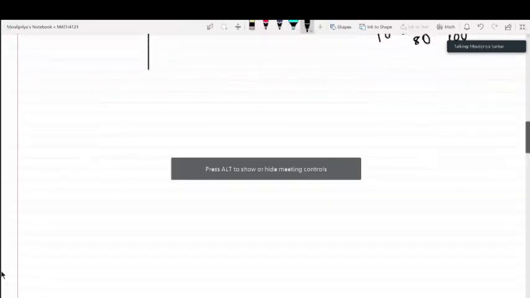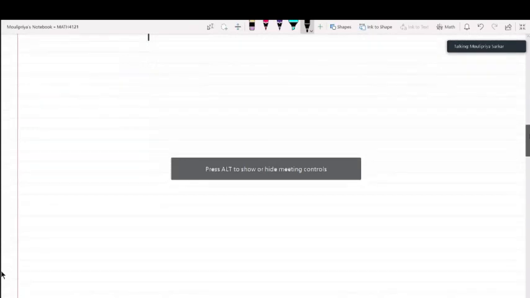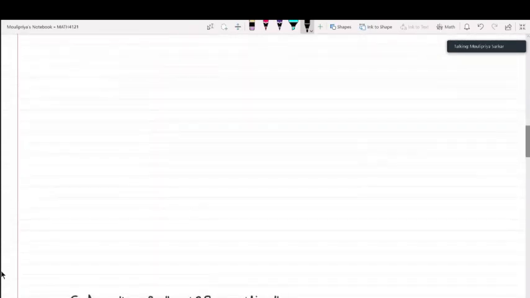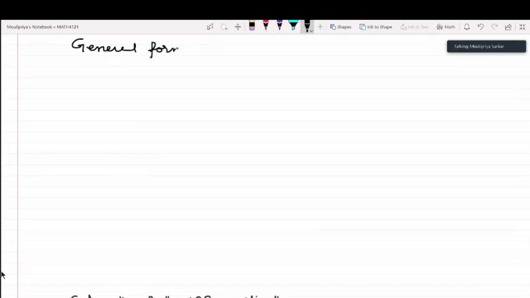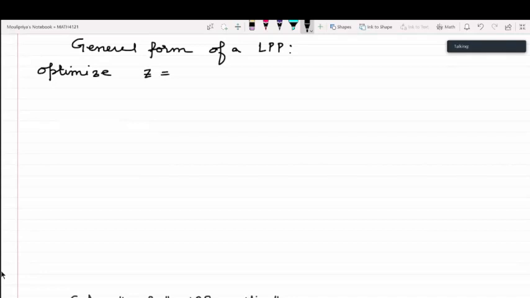Acha. So the first problem that we did, we had a unique solution. The second problem that we did is having infinitely many solutions. Now, if I talk about what is a linear programming problem, if I write the general form of a linear programming problem, it is like: optimize Z equal to, say, C1 x1 plus C2 x2 plus in this manner up to Cn xn.